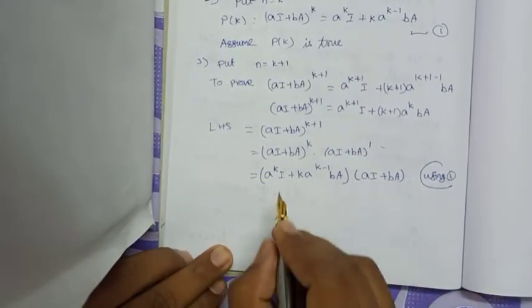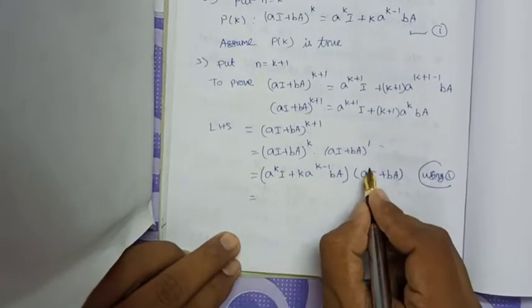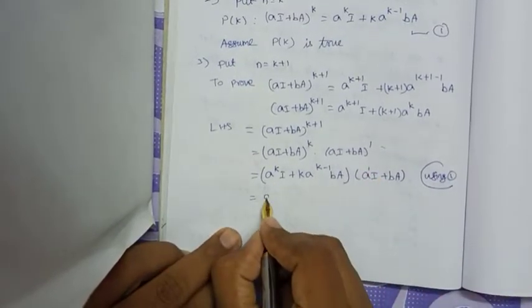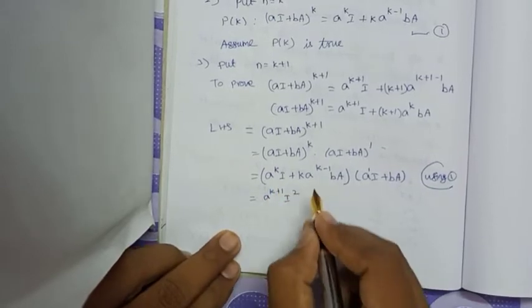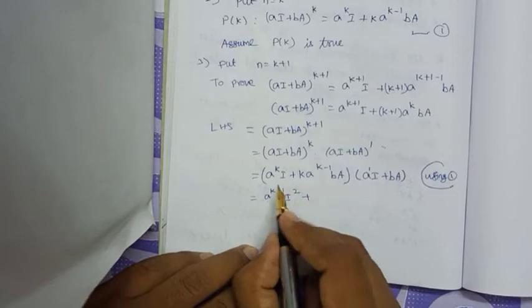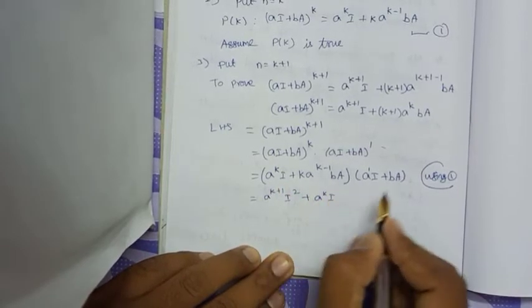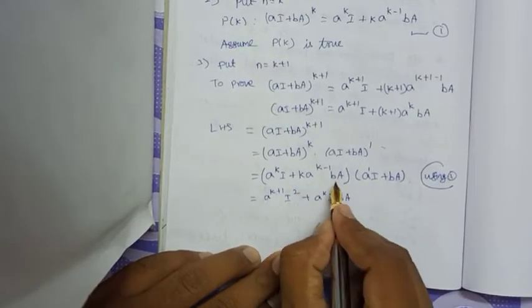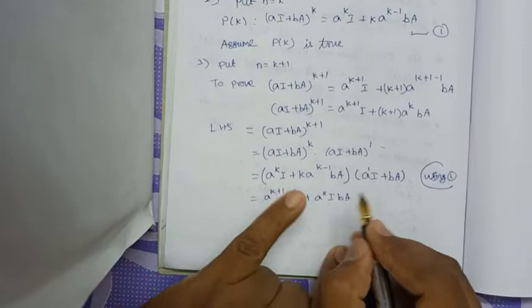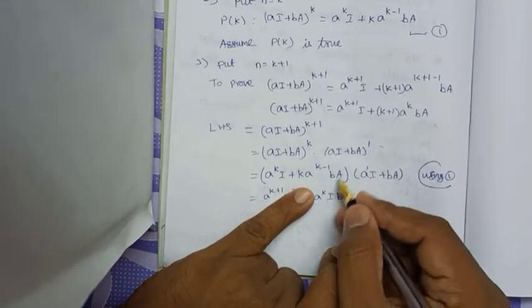Okay. Now multiply each term. Here a^k, here a^1. So we get a^(k+1) into I squared, plus next a^k into I into bA. Then take k a^(k-1) into bA. You multiply here a^(k-1), here a^1. So k minus 1 plus 1, the 1 cancels.